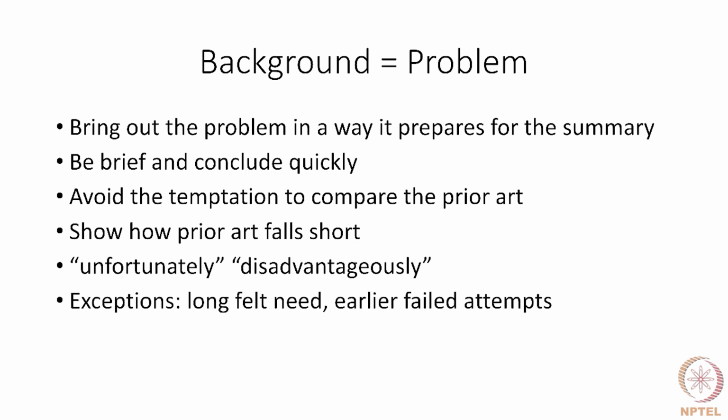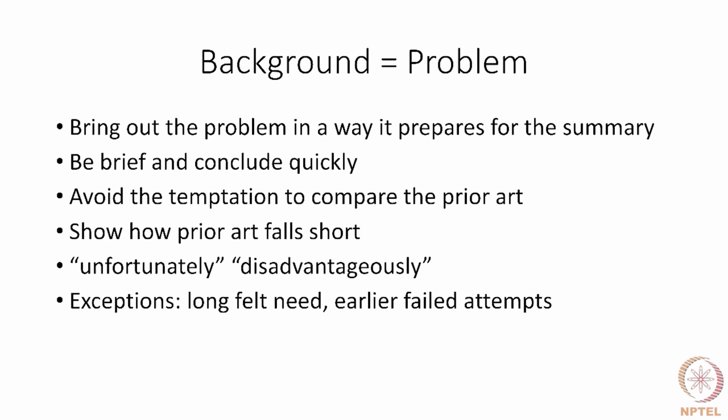Now, there could be exceptions where you may have to describe the background in some detail. For instance, if there is a long felt need for a solution, then you're going to create that need by saying that the prior art had these deficiencies over a period of time.